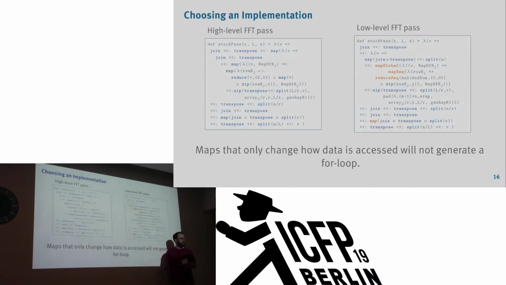Map sequential would just sequentially compute a map. Reduce sequential is similar. Not every map is rewritten though. For example, this map here is not rewritten, and that is because the function inside of the map will only affect how data is accessed. So we don't ever have to create a for loop, for example. Okay?